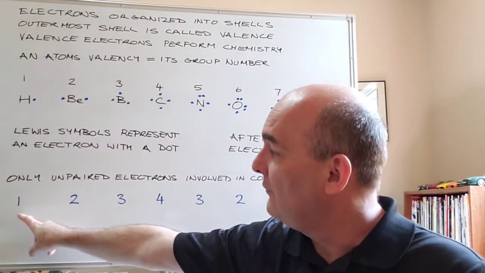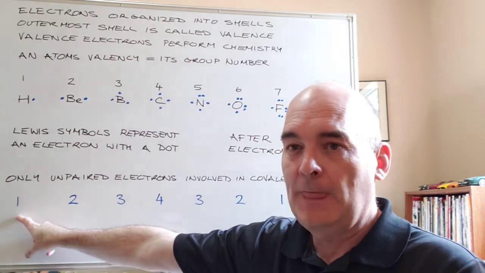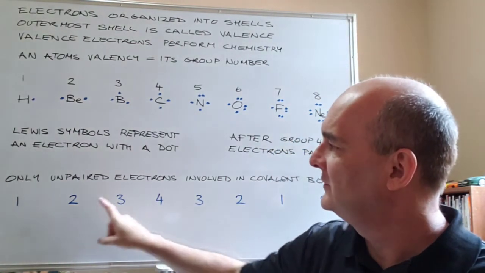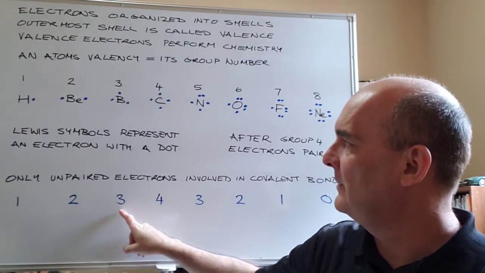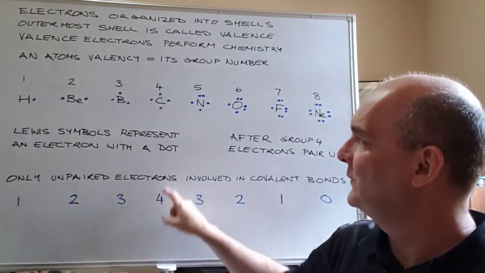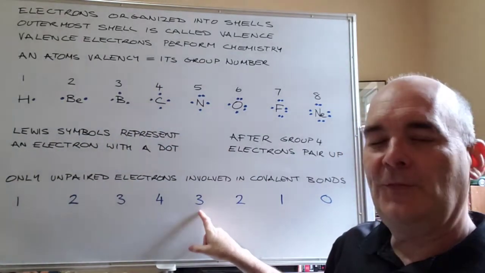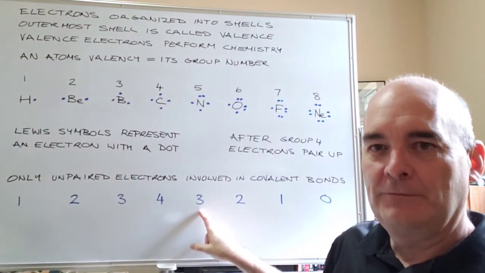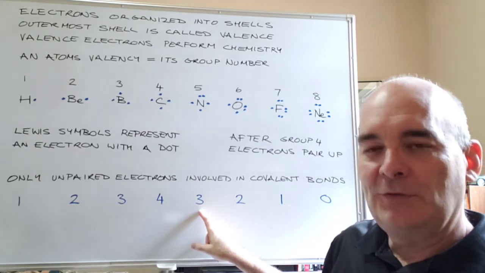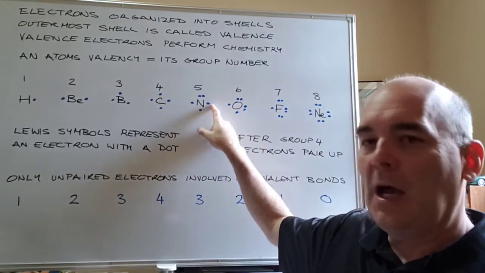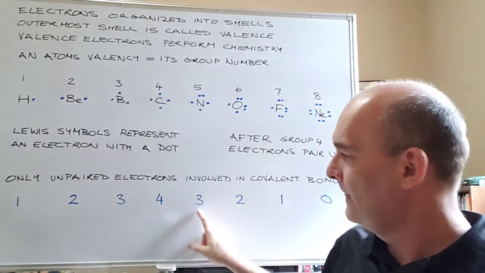So that means everything in group 1 makes 1 bond. Everything in group 2 makes 2 bonds. Everything in group 3 makes 3 bonds. Everything in group 4 makes 4 bonds because it has 4 unpaired electrons. When I get to group 5, the atoms in group 5 have 5 electrons, but they only have 3 unpaired electrons.